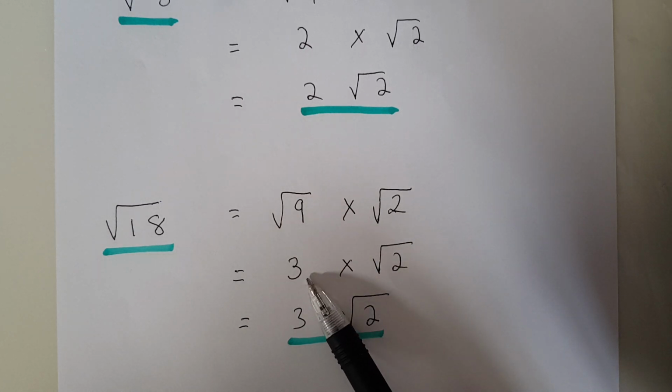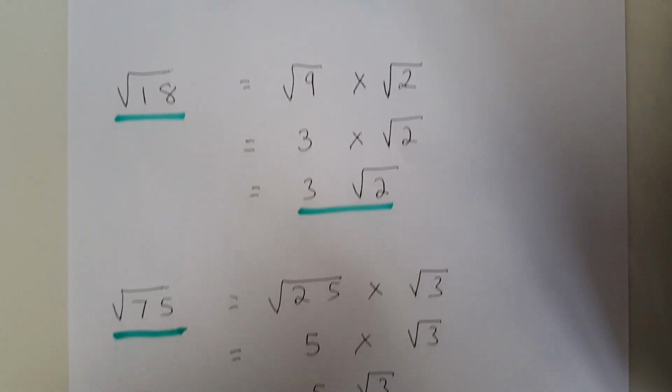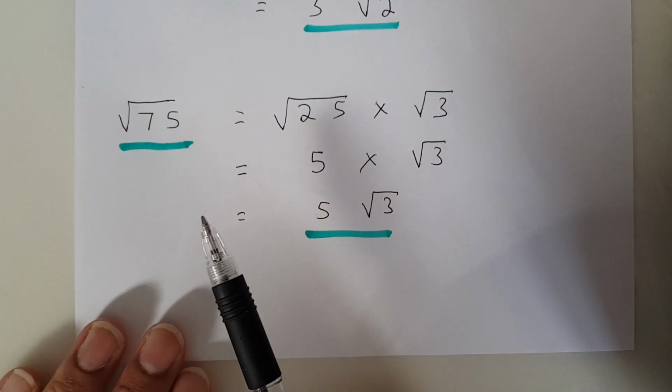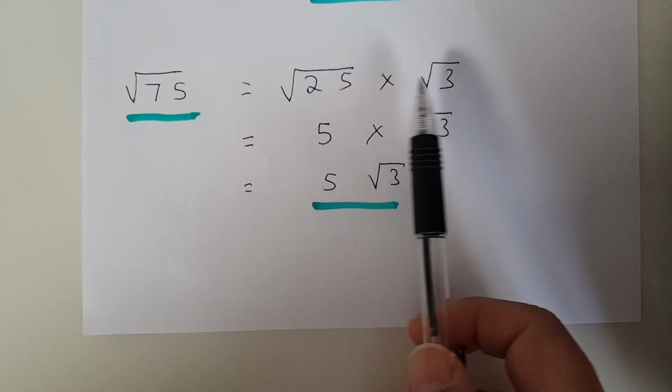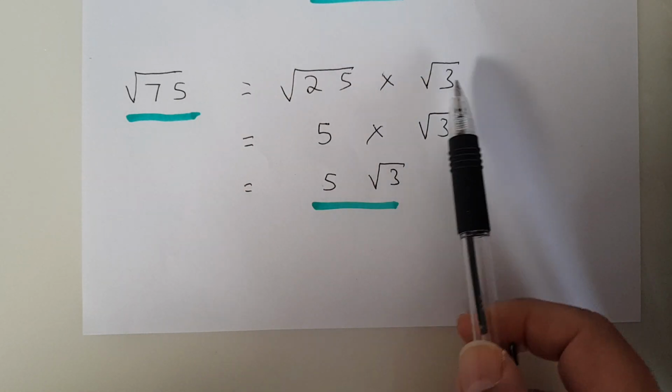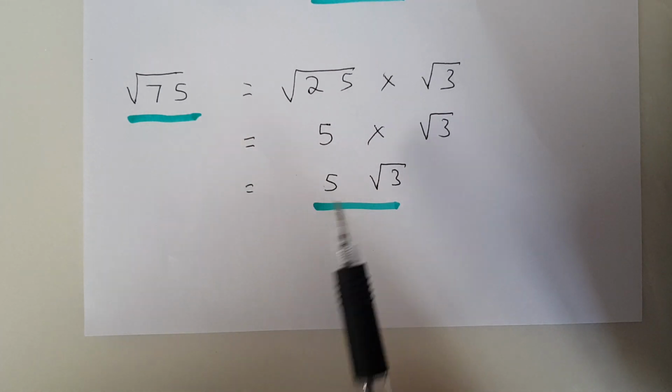Square root of 9 is 3, so you can square root that one, but not the other. And that's your answer. The last one, square root of 75: two numbers, 25 times 3. That you can square root, that you can't. There's your answer. So you simplify from there to there.